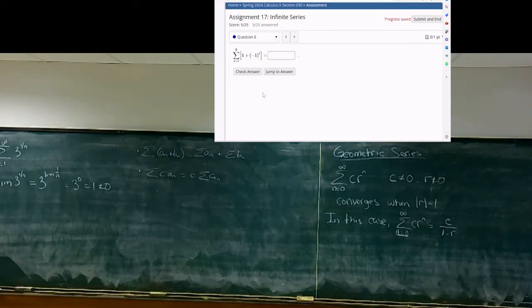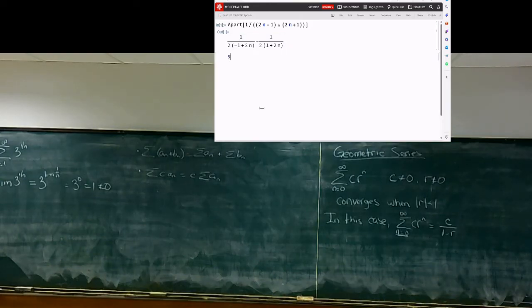Evaluating some sums. I think that's what the next 5 are. I'm gonna cheat. This one isn't too difficult to do by hand. Sum command.